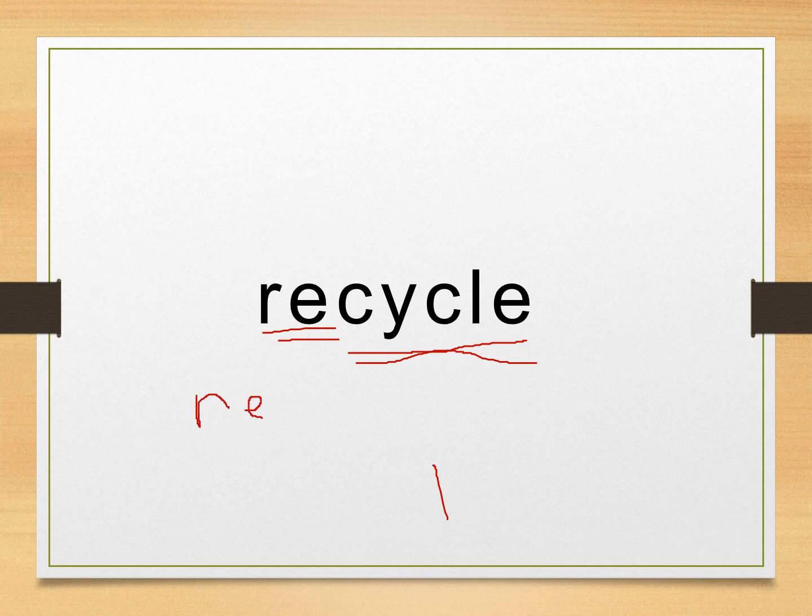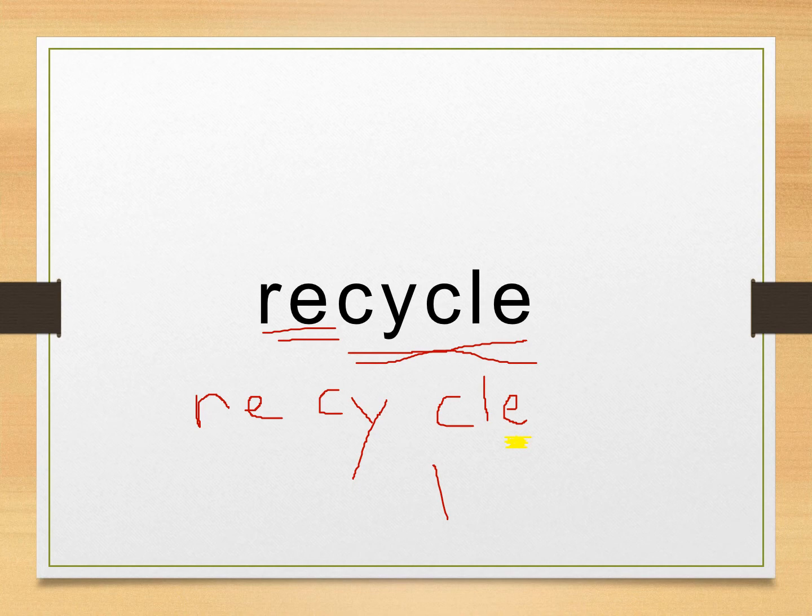Re, say, cool. Even though you can't hear an E, it still needs that E because every syllable needs at least one vowel. This is a syllable. It needs one vowel. So that vowel is that silent final E at the end.